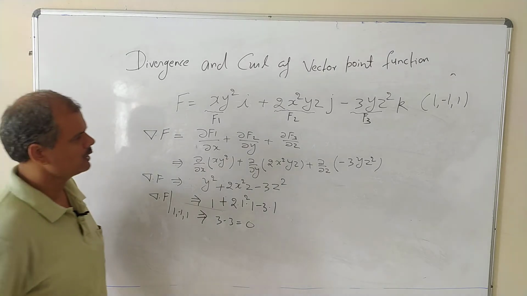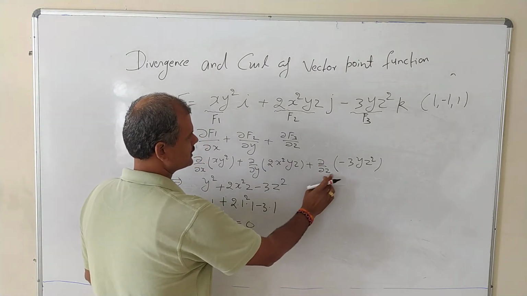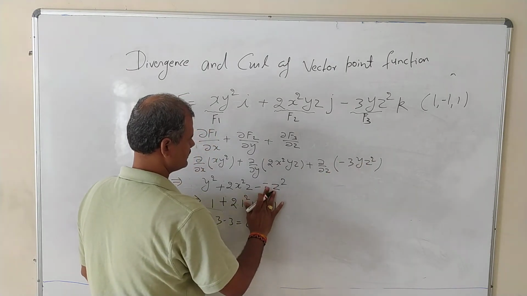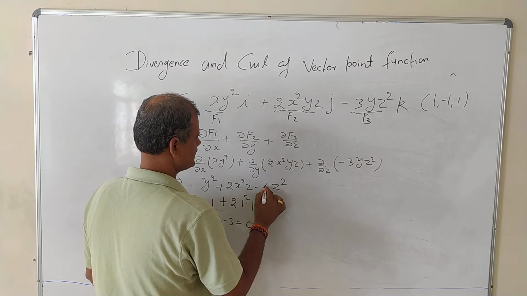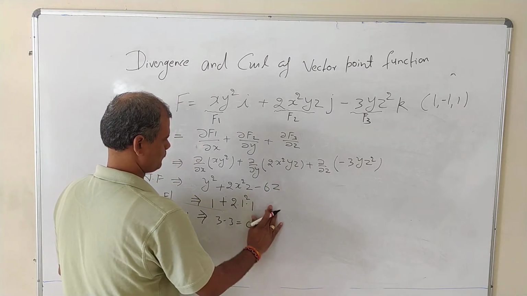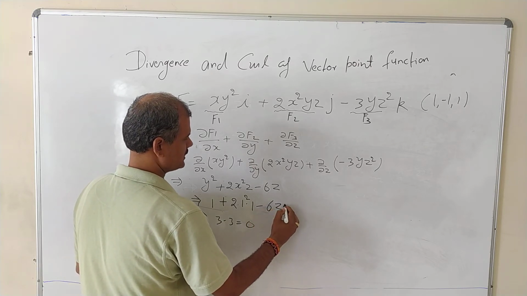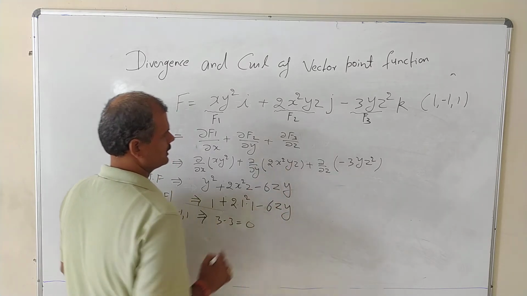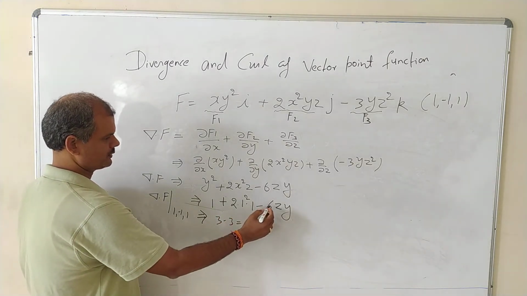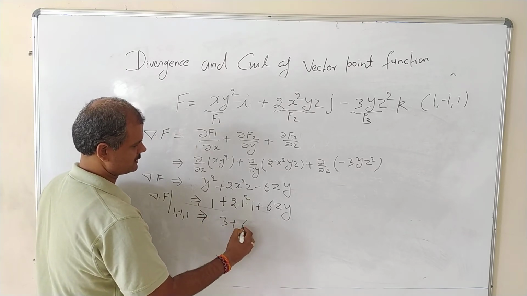This is fine. No, here ∂/∂z of -3yz². So this will be -6yz. Sorry, the differentiation of -3yz² with respect to z will be -6yz. So with z equal to 1 and y equal to -1, we get 3 plus 6, equal to 9.